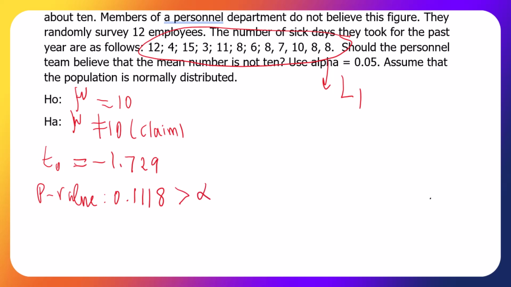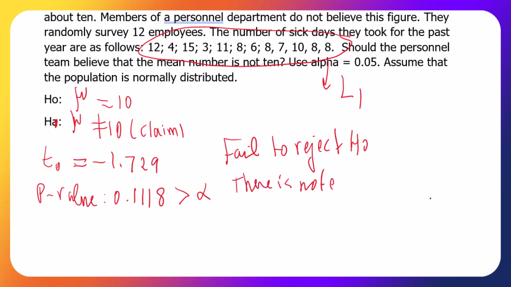So what's the decision, guys? Fail to reject H0. If you fail to reject the null hypothesis and your claim is in the alternative, this should be H1, you will not support the claim because you failed to reject H0. So you say there is not enough evidence.